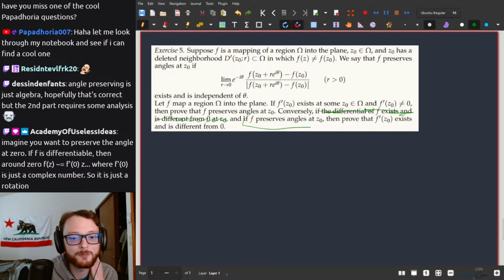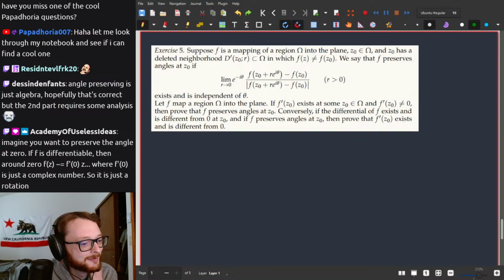And this is the thing, that must be it. Imagine you want to preserve the angle at 0. If f is differentiable, then around 0, f of z is approximately f prime 0 times z, where f prime 0 is a complex number, so it is just a rotation.